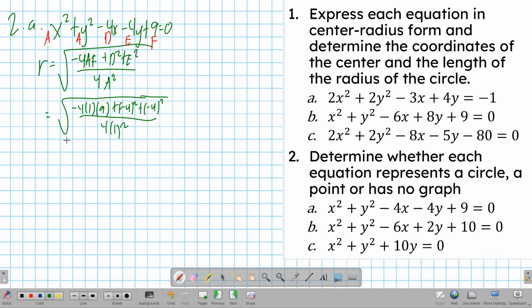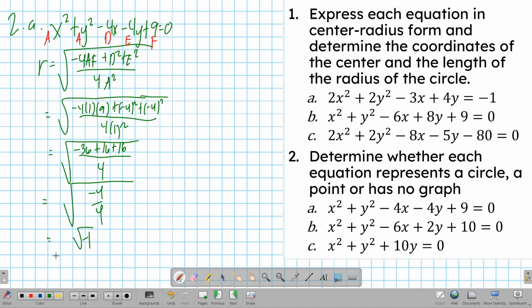So we're going to have negative 36, that's negative 4 times 9 times 1, plus 16 plus 16, which would be negative 4 over 4, which is equal to the square root of negative 1, which is an imaginary number. And there is no imaginary number in the Cartesian plane. So therefore, this one does not exist.